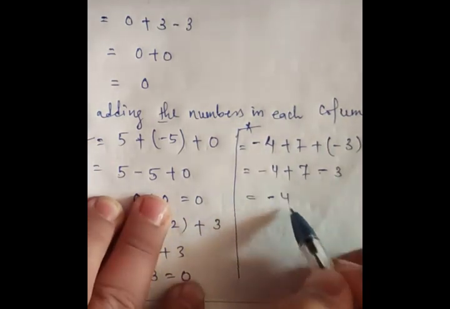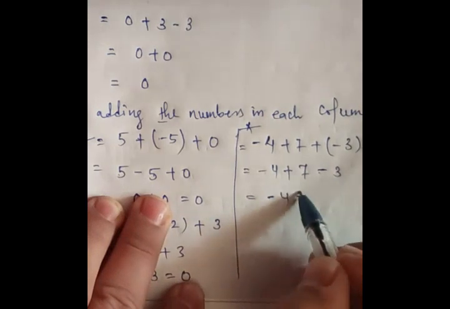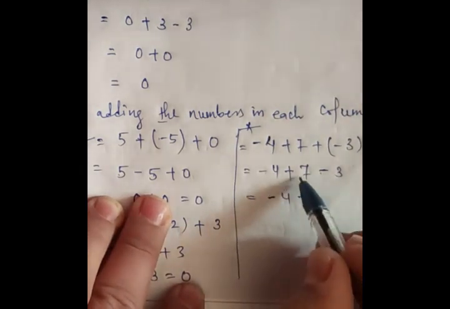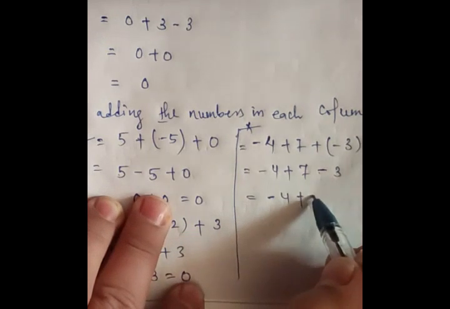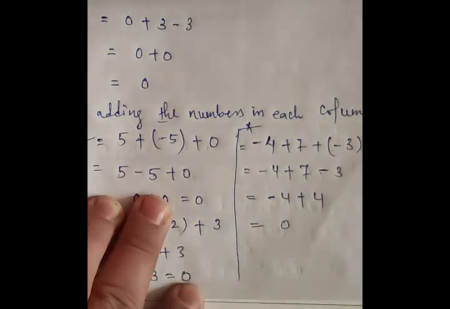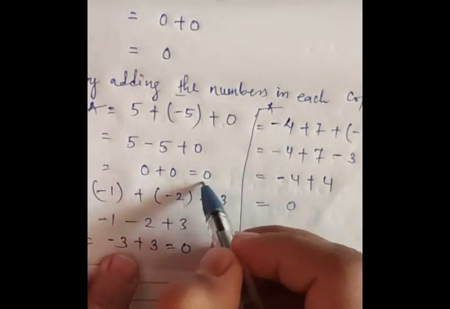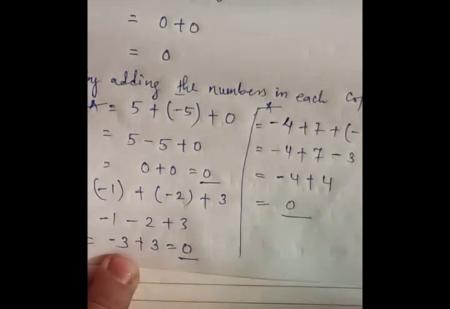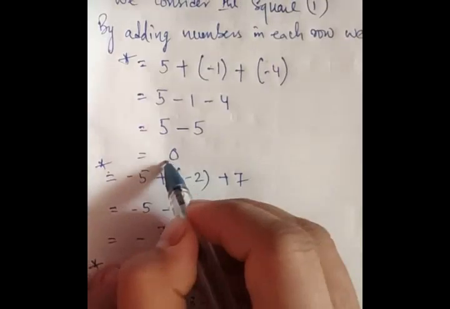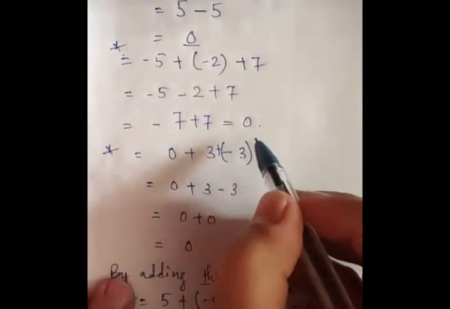Minus 4 plus minus is minus, but your sign will be plus. So 7 minus 3 is 4. Again your answer is 0. In each column also we got 0, right? So in each row also we got 0.